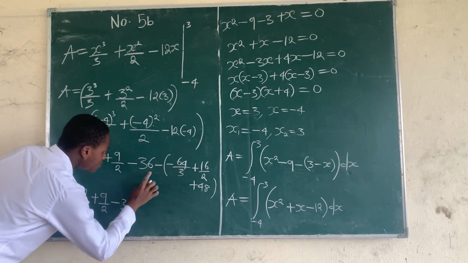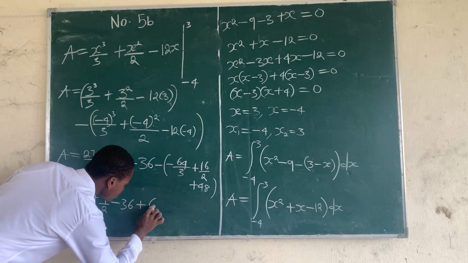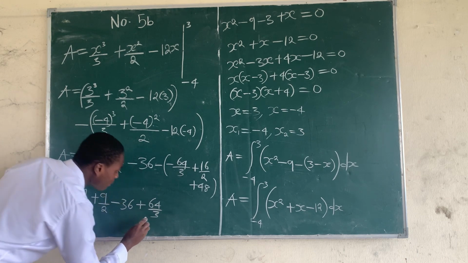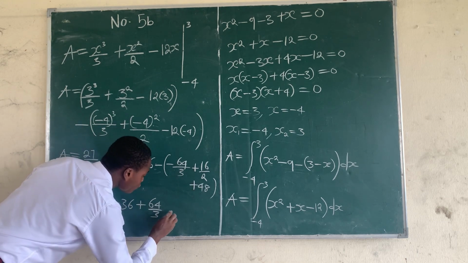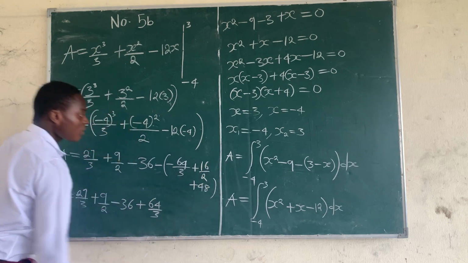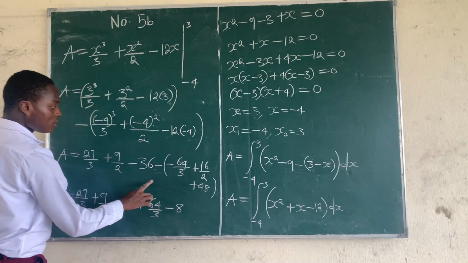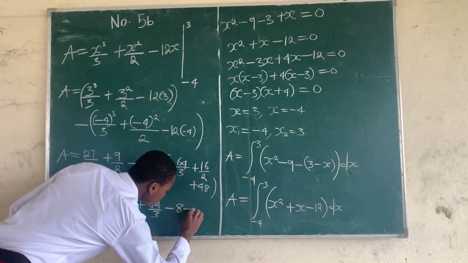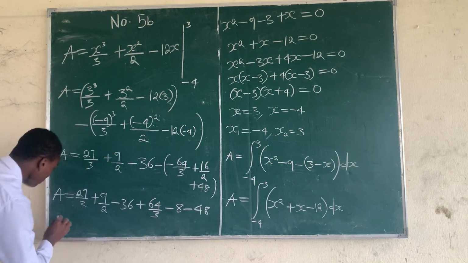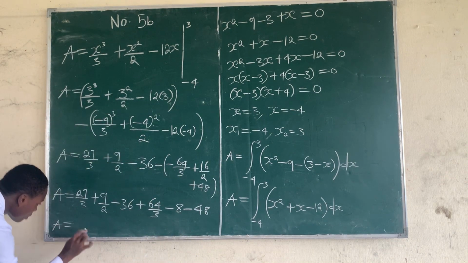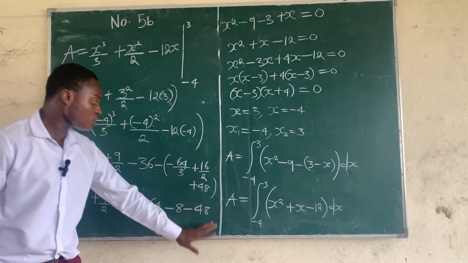Then the next one is minus minus, which is plus 64 over 3, minus 16 over 2, which gives us 8. So we have minus 8. Then minus this becomes minus 48. So the area there becomes, let's simplify this and see what we have.